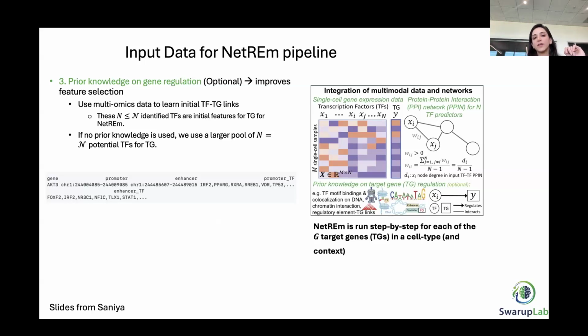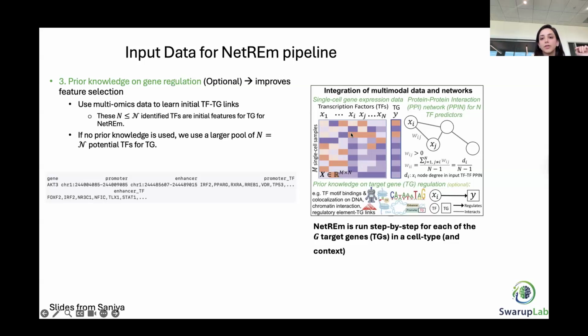So the final network that we get is more constrained based on all of these known interactions. If no prior knowledge is used, then we are just using all of the transcription factors known in that cell type or condition.